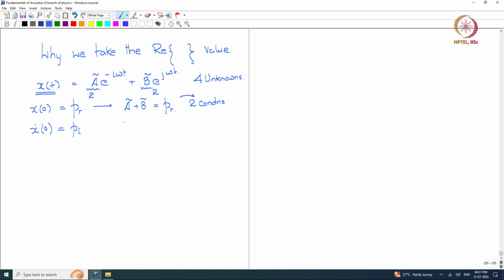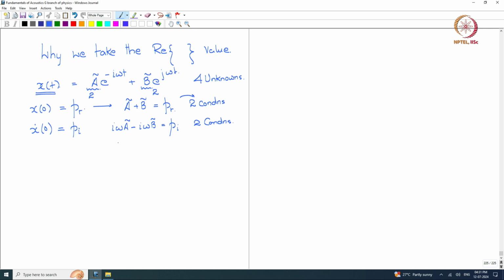Then what do I have? I have I omega a tilde minus I omega b tilde is equal to p I. This is another two conditions. So now from here what do I get?